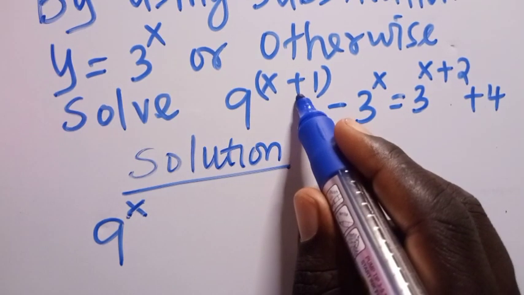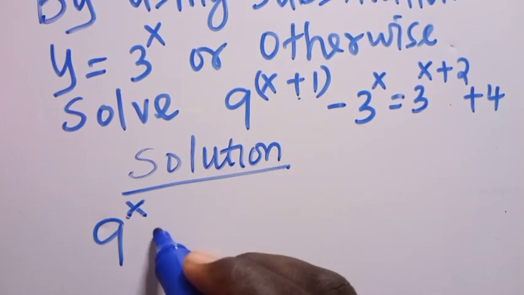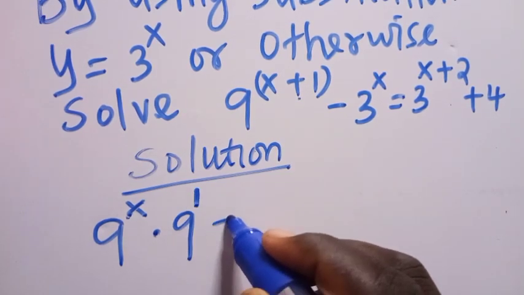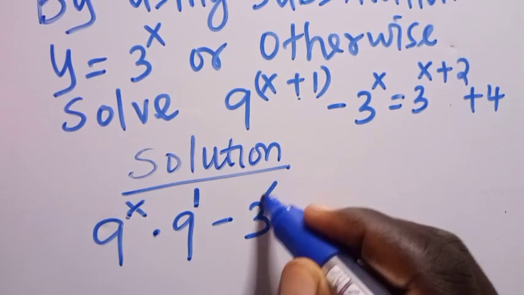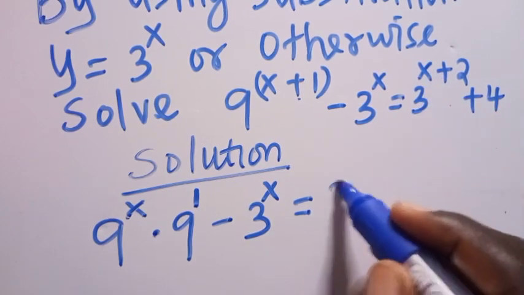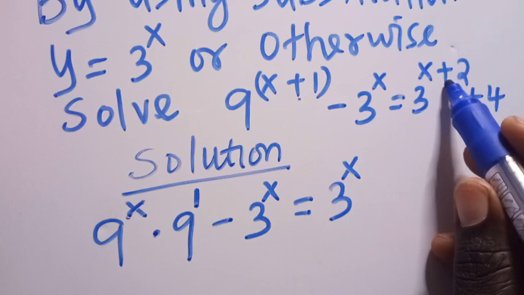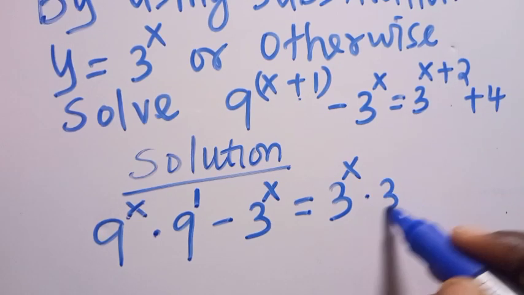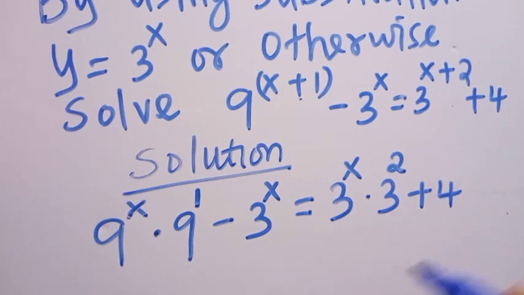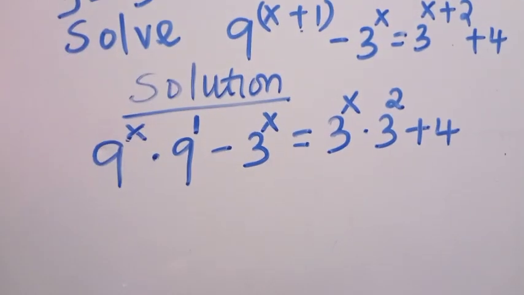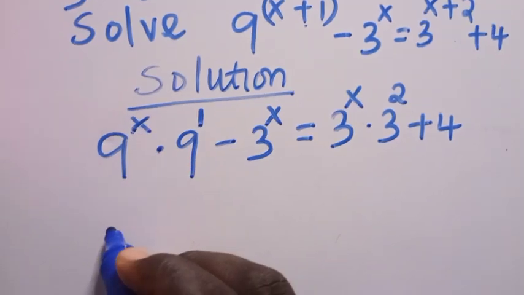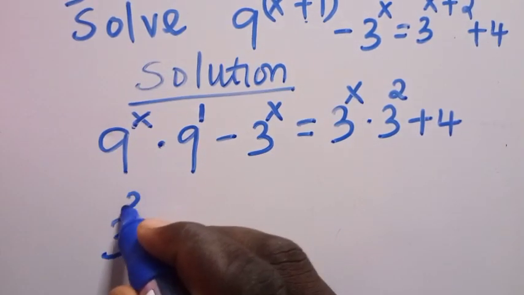Then, because of this plus, it will be times 9 raised to 1. Then minus 3 raised to x equals 3 raised to x. Then because of this plus, it will be also 3 raised to 2. Then finally plus 4.